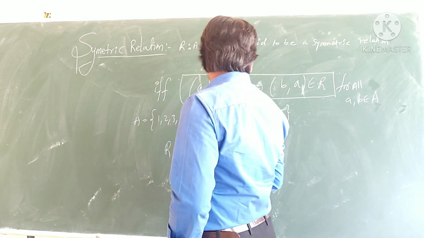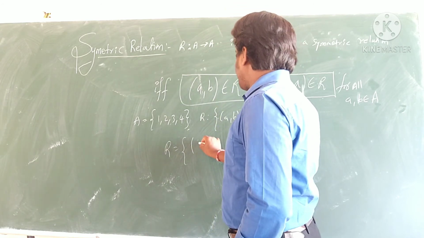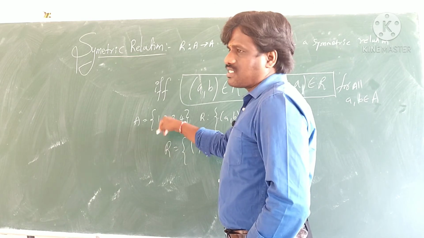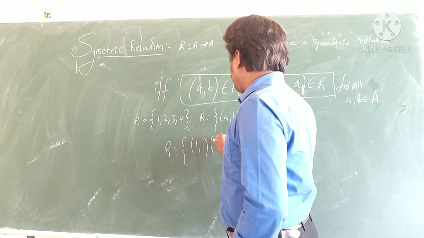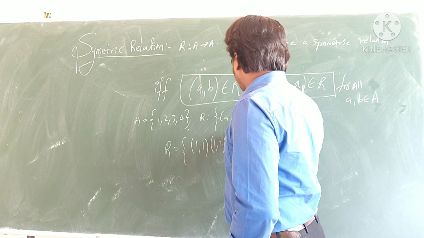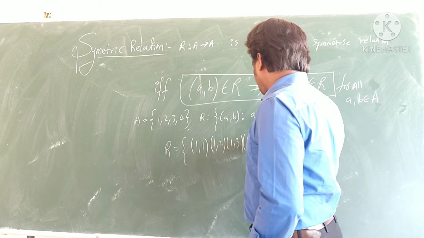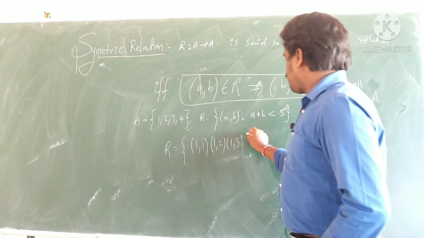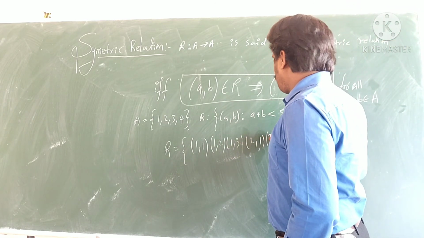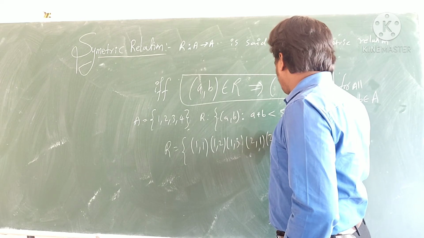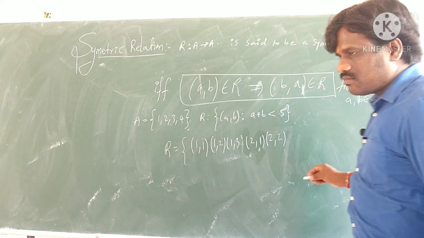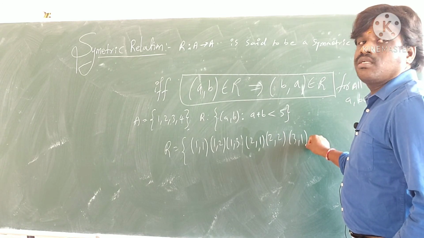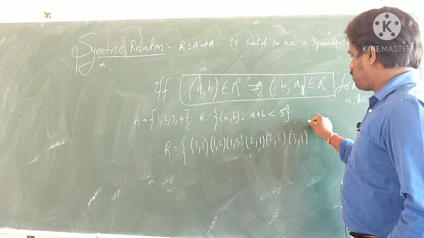Tell me. (1,1). With this, (1,1), (1,2), (1,3), (1,4) will go? No, (1,4) will not. Next, (2,1), (2,2), these will go. Next, (3,1).